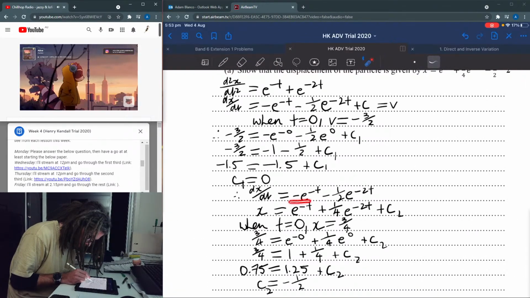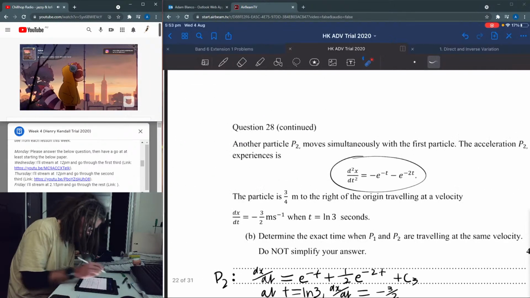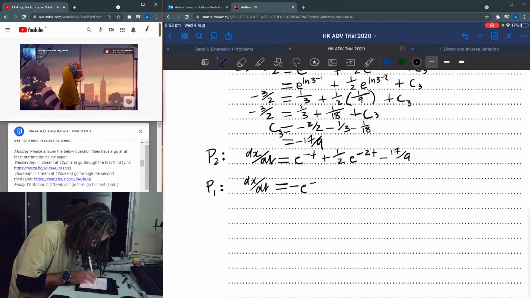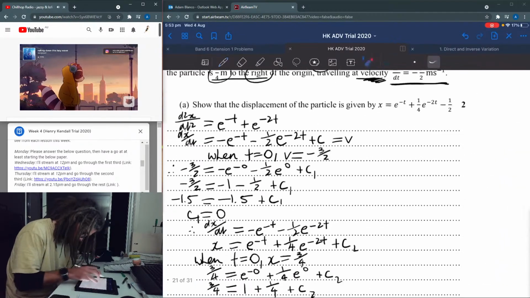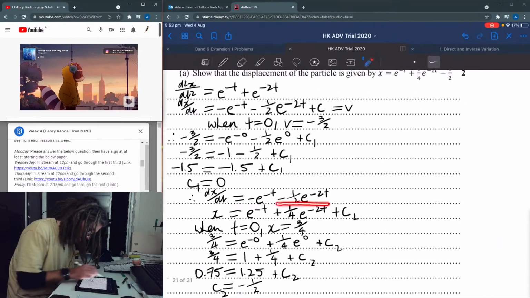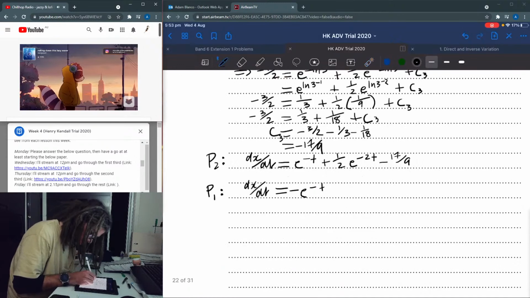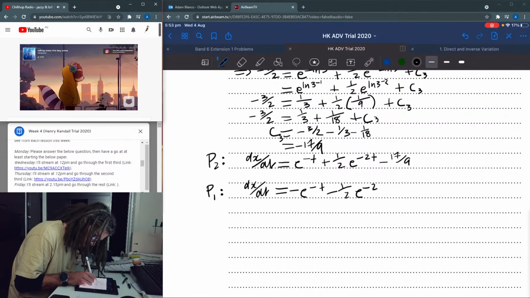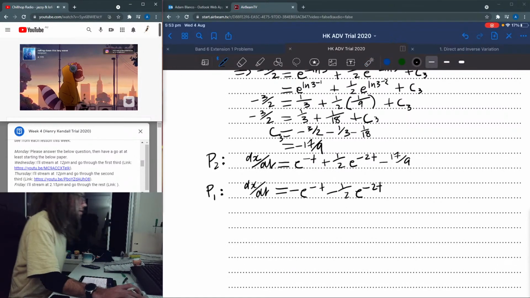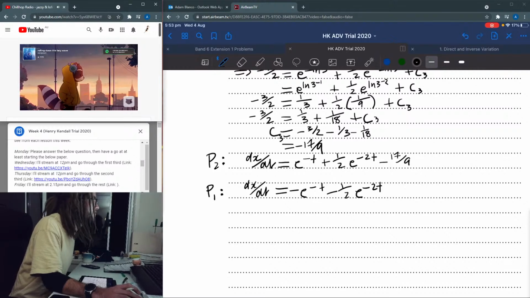Okay, minus e to the minus t minus 1/2 e to the minus 2t. Okay, let me just make sure this is correct before I start trying to simplify this.